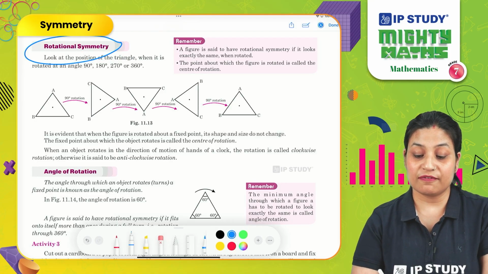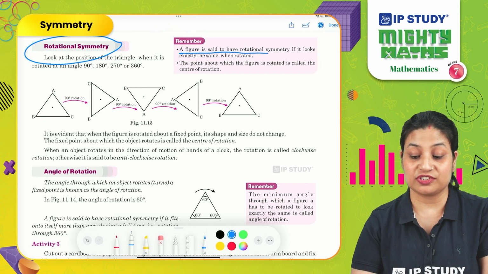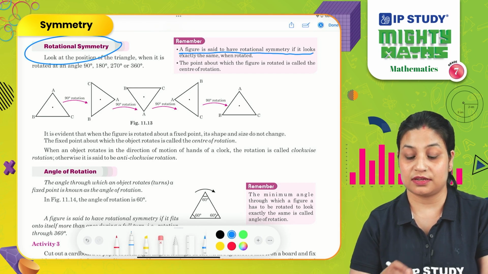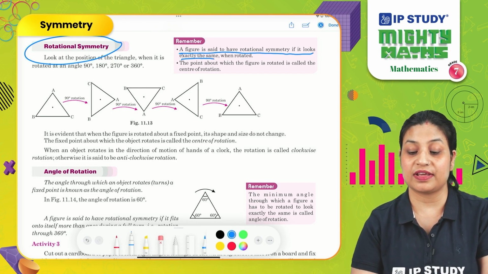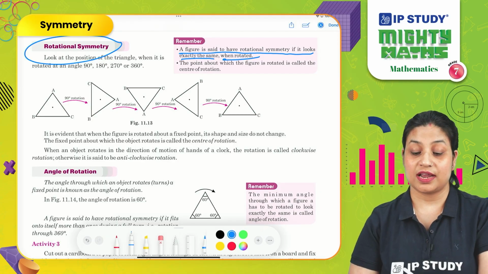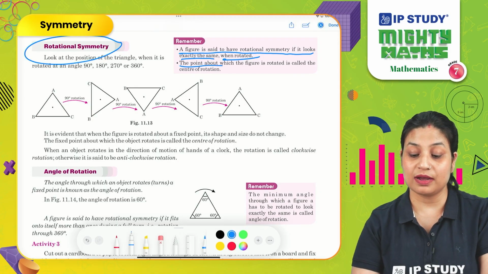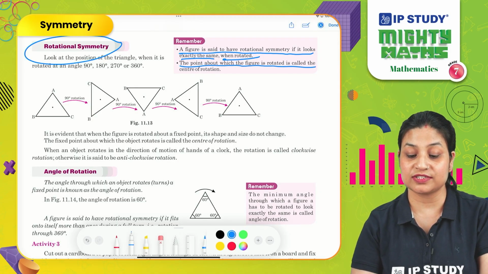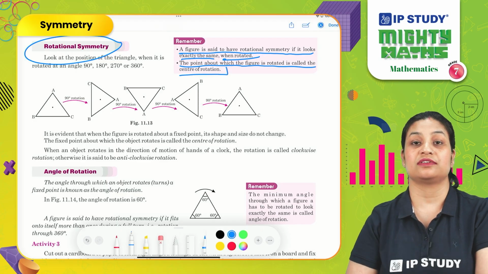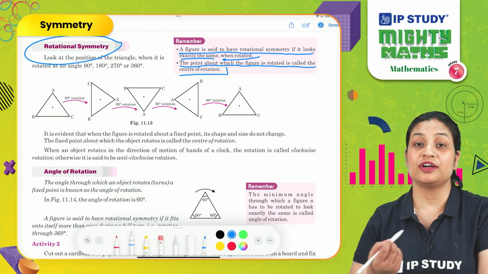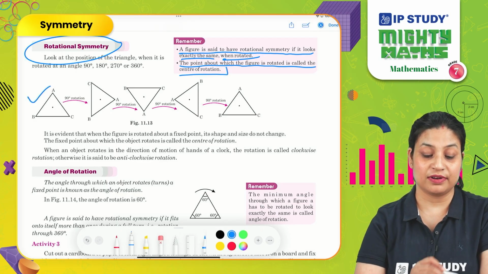So a figure is said to have rotational symmetry if it looks exactly the same when it is rotated. And the next thing is, the point about which the figure is rotated is called the center of rotation. Here, in order to understand this, let's take an example.